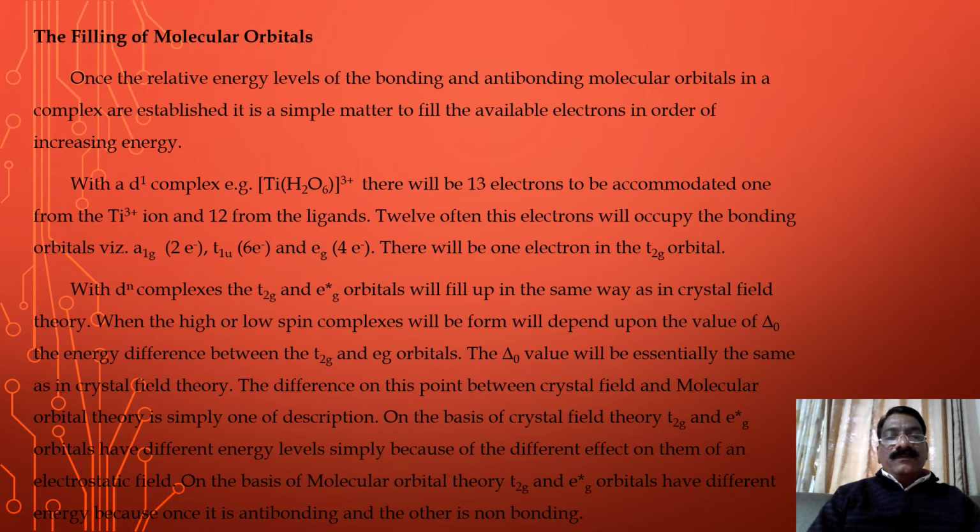On the basis of molecular orbital theory, t2g and eg* orbitals have different energy because one is antibonding and the other is non-bonding.